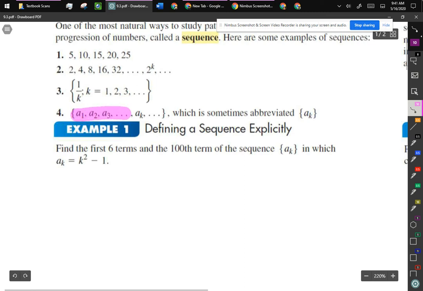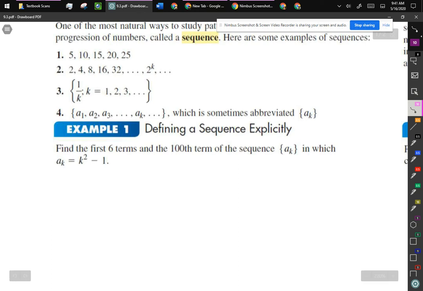And of course, this is just a set of infinite terms, right? And here we don't have what defines each term, but this represents those terms, a sub 1 all the way up to a sub k, and the ellipsis here would indicate that it is an infinite sequence.